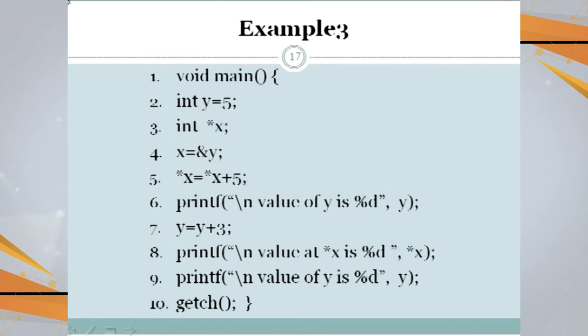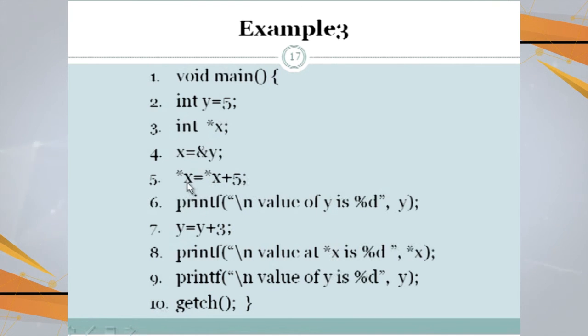Let's study an example. In this example, there is a simple variable y initialized to 5 and a pointer variable *x. x is initialized to the address of y, then *x = *x + 5. *x means the value at the address held by x. So the address held by x is the address of y, therefore *x will return the value of y, that is 5, 5 plus 5, 10.